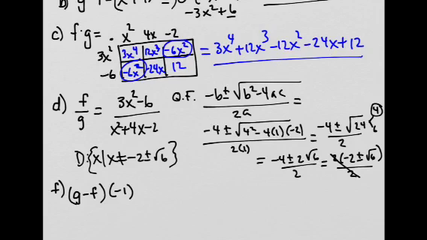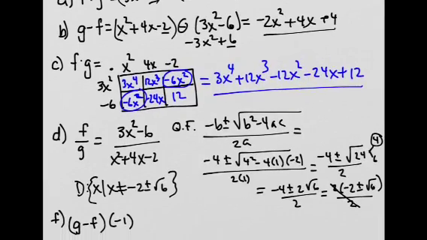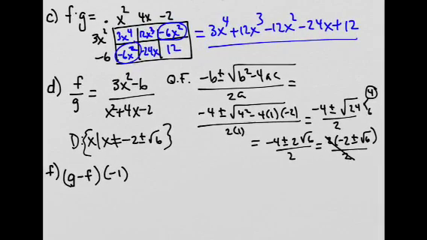Okay, for letter F, we're going to do g minus f of negative 1. So that means that we have to do g minus f and then replace the x's with negative 1. We're evaluating at negative 1. Now, the nice thing about this one is that we already solved g minus f up here in letter B. So it's negative 2x squared plus 4x plus 4.